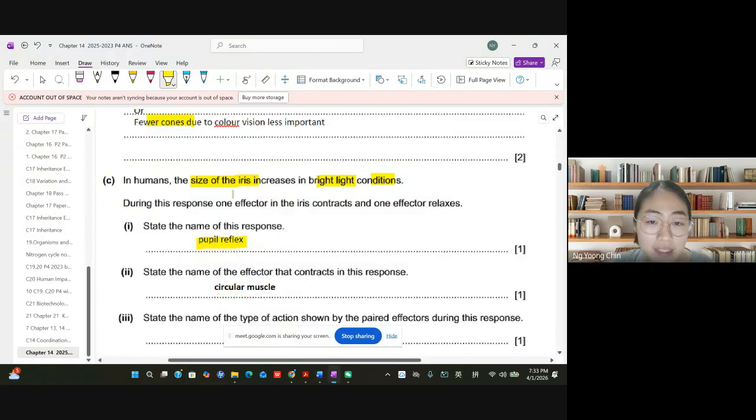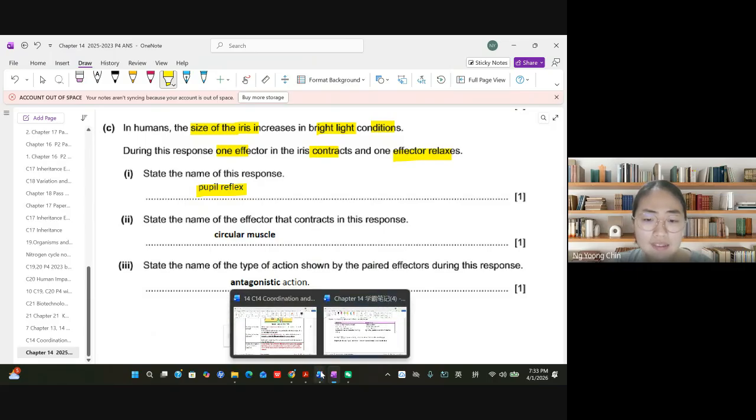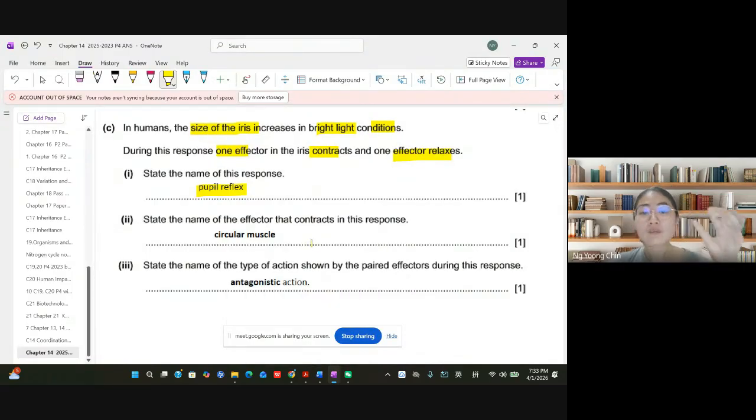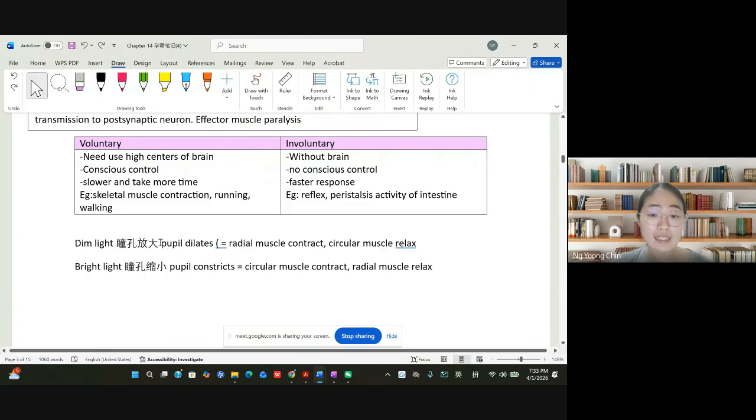So the size of the iris increases in bright light conditions. And during this response, one effector in the iris contracts and one effector relaxes. So what kind of muscle contracts in this response during the dilation of the eyes? I think this is not the correct answer, sorry. Why did I put circular muscle? Because when you want your pupil to dilate, the one which contracts should be the radial muscle. It is not the circular muscle, it's the radial muscle.